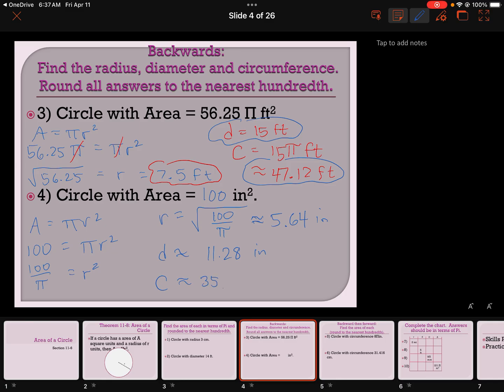And I get 35.45 inches. If you start multiplying your rounded answers by 2 and then multiplying them by pi, you're going to start creating error from one step to the next. These guys aren't exact, but they're rounded from the exact answer. Okay, don't take a rounded answer and then calculate another answer.